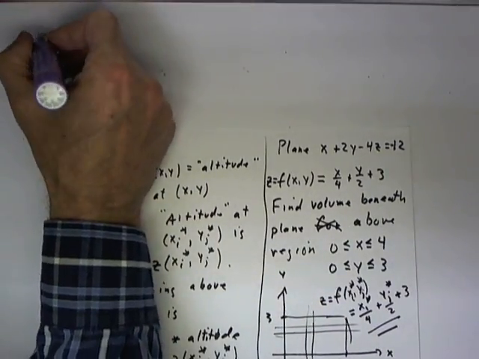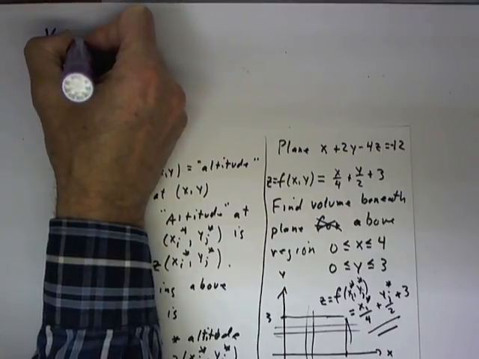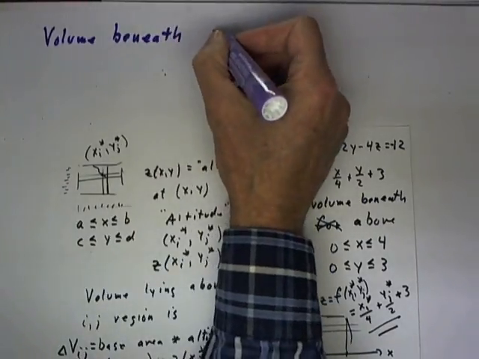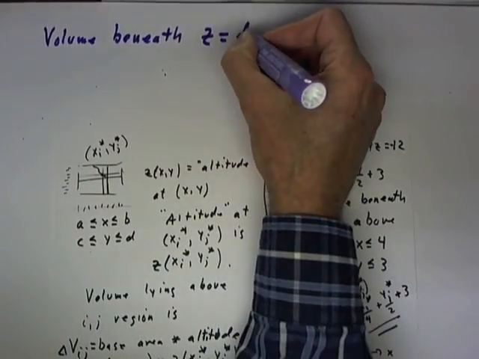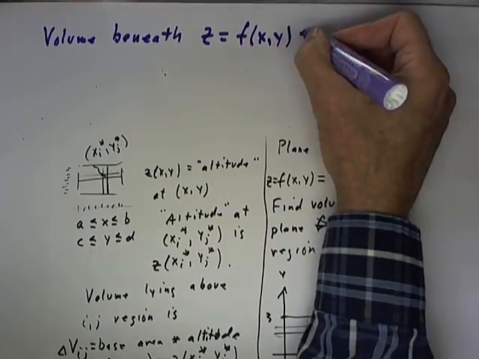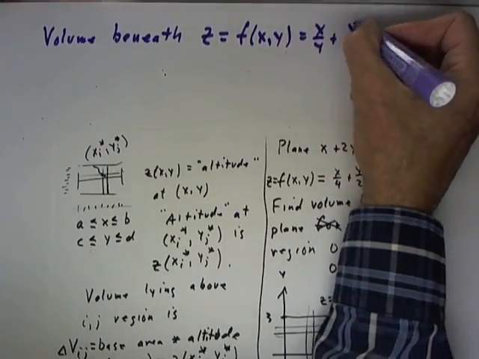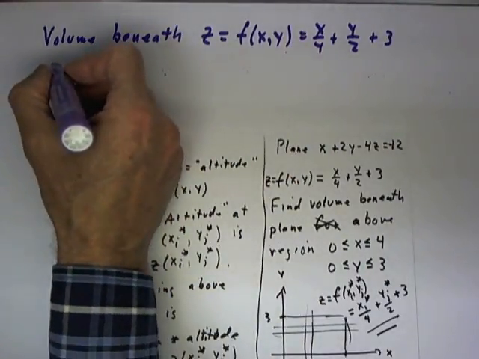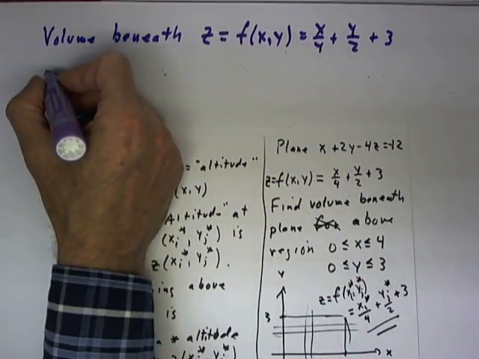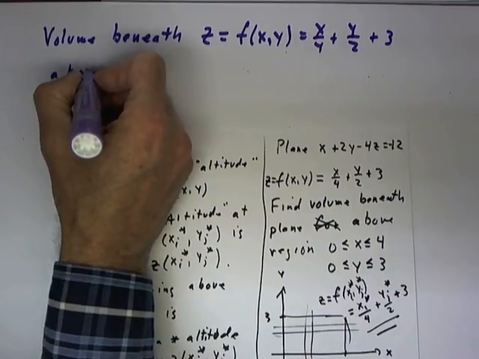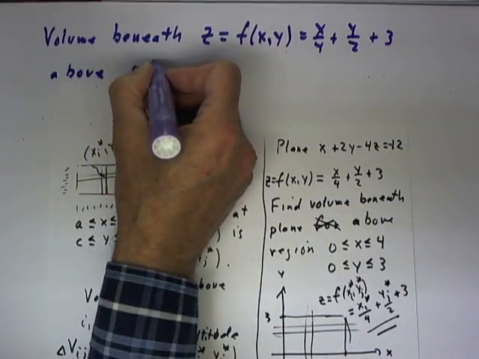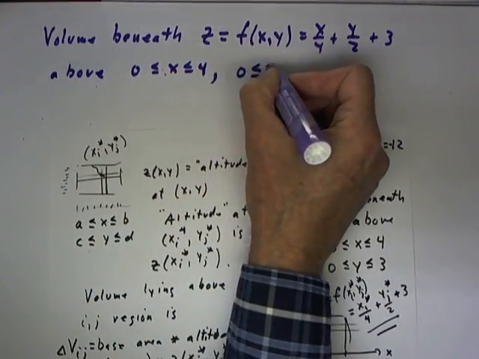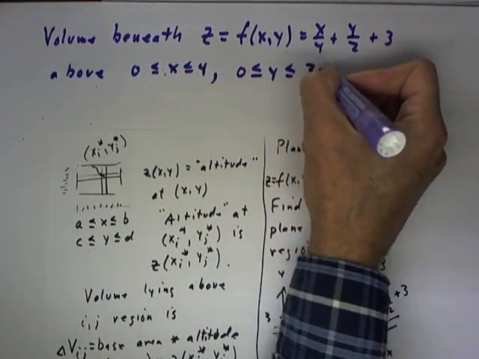We want to find the volume beneath z equals f of xy equals x over 4 plus y over 2 plus 3, and above the rectangle 0 less than or equal to x less than or equal to 4, 0 less than or equal to y less than or equal to 3.